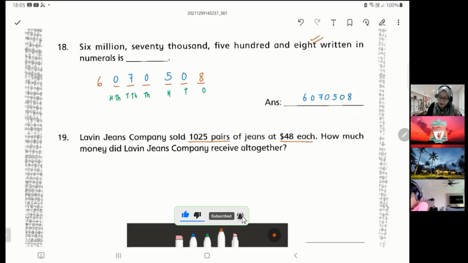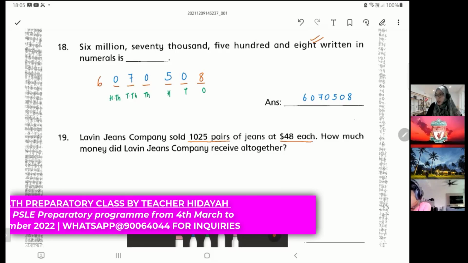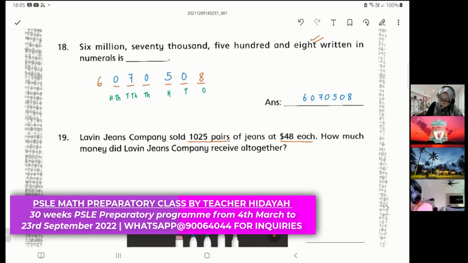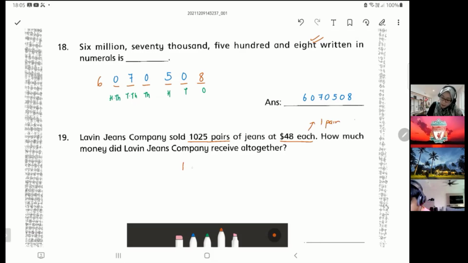How much money did Levin Jeans Company receive altogether? So each means 1 pair. 1 pair is $48. 1,025 pairs will be 1,025 times 48.